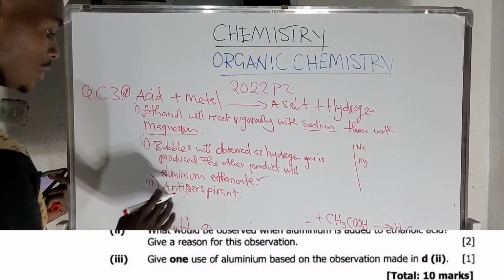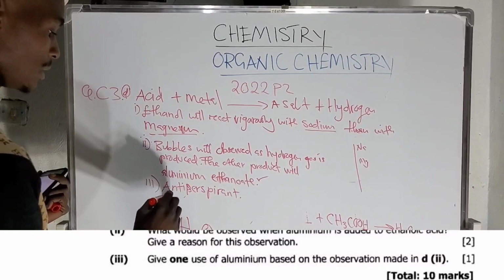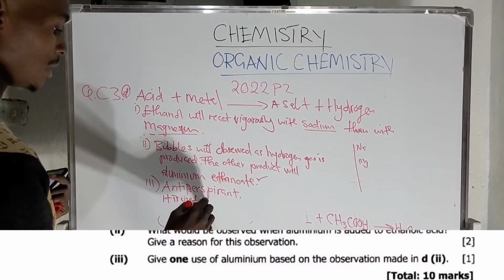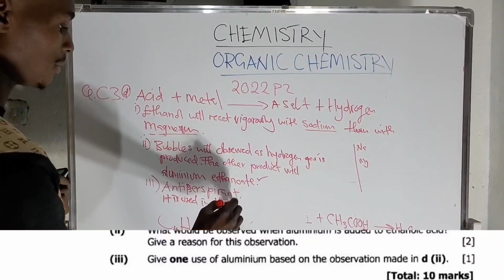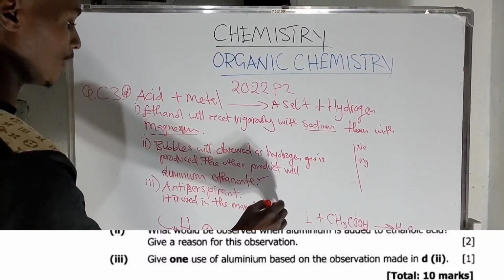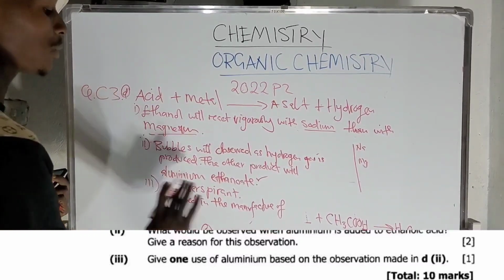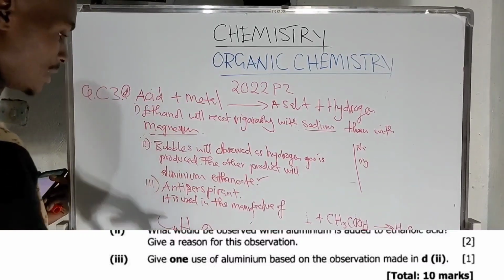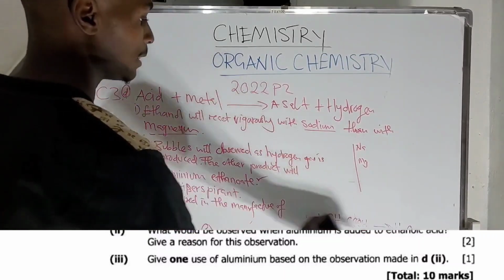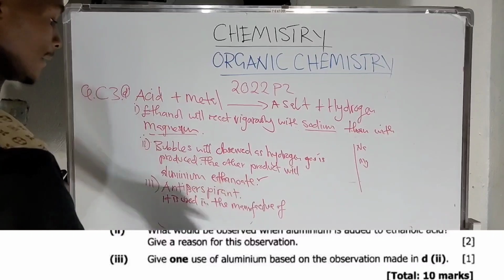So you can say it is used in the manufacture of antiperspirant, based on the observation here. There are a lot of uses of aluminum, but here they've said the usage should be based on the observation we've made.